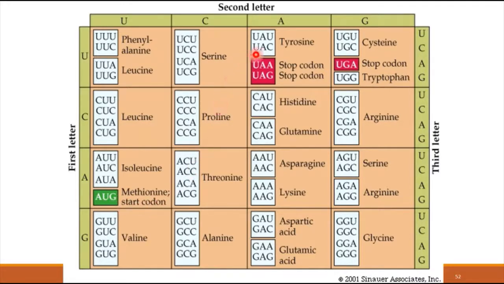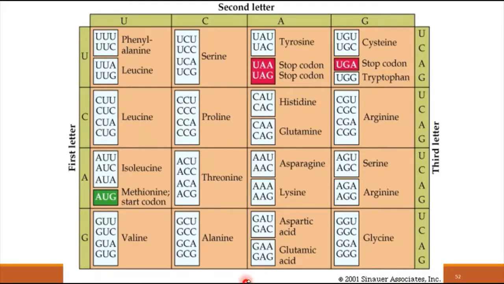The other one you can see up here are three codons that are highlighted in red, UAA, UAG, and UGA, and these are all referred to as the stop codons, because these codons actually don't encode an amino acid at all. Instead, they tell the ribosome when it should stop translating into amino acids because the protein has ended.